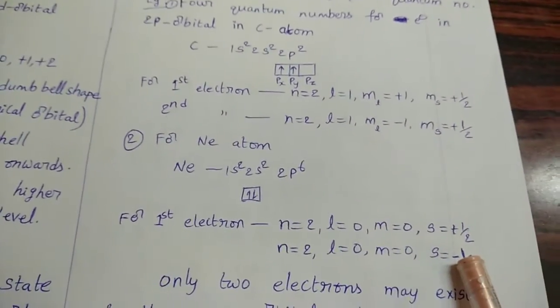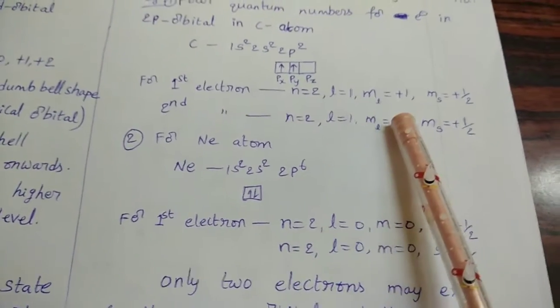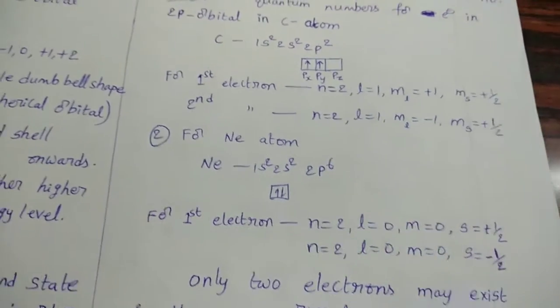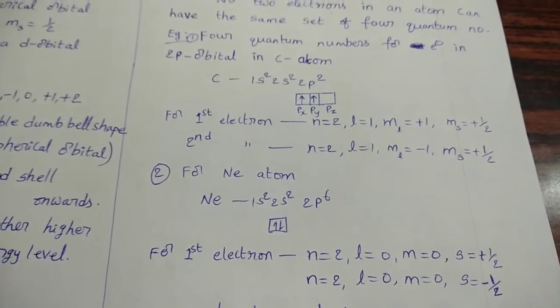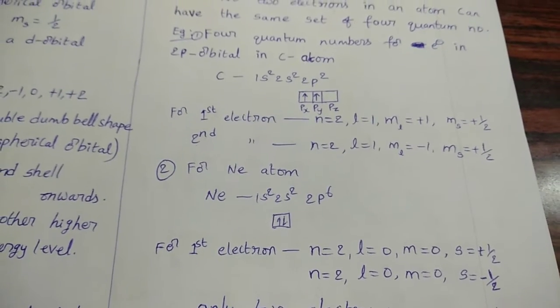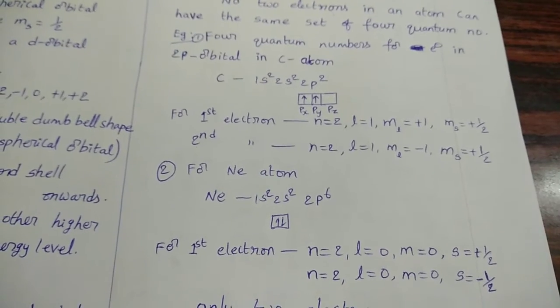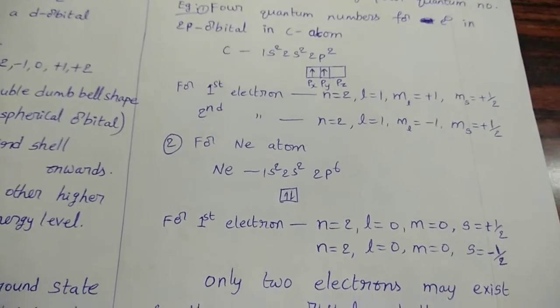Here the spin quantum number is different and the remaining quantum numbers are the same. In this way, in any atom in the periodic table, no two electrons have the same set of four quantum numbers. They must differ in at least one quantum number.